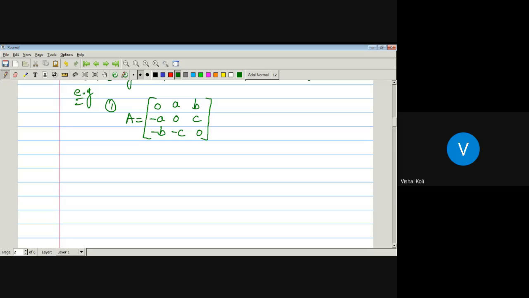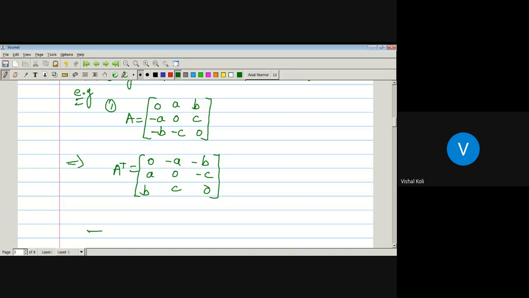Any square matrix A is said to be skew symmetric if A is equal to minus A transpose. So first find A transpose by making the rows as columns: 0, a, b becomes the first column, minus a, 0, c the second, and minus b, minus c, 0 the third.